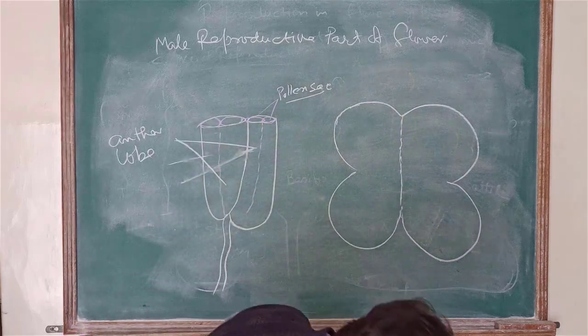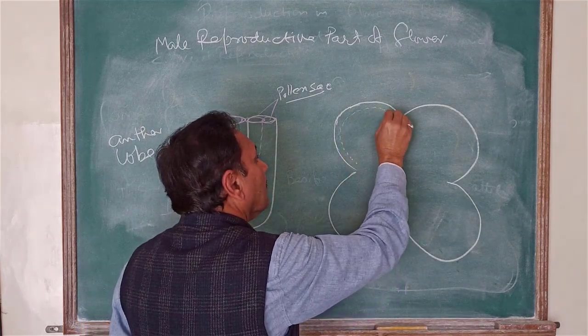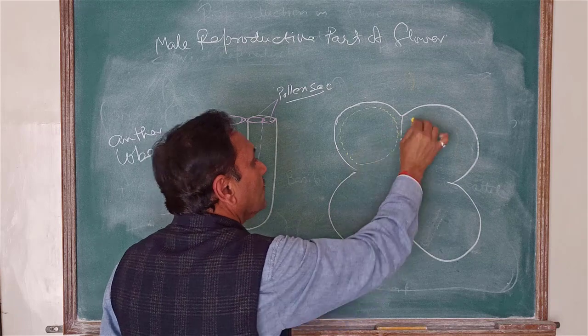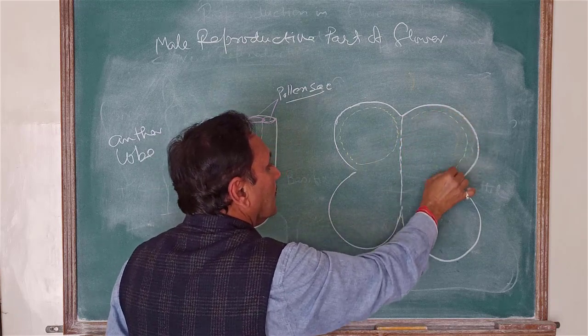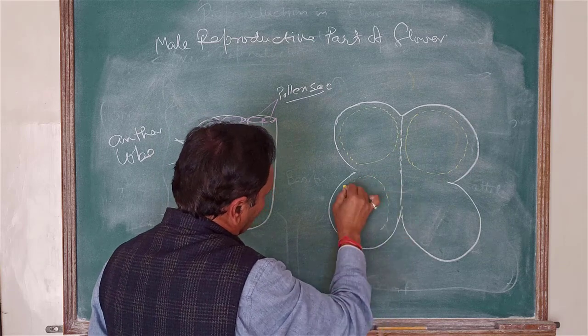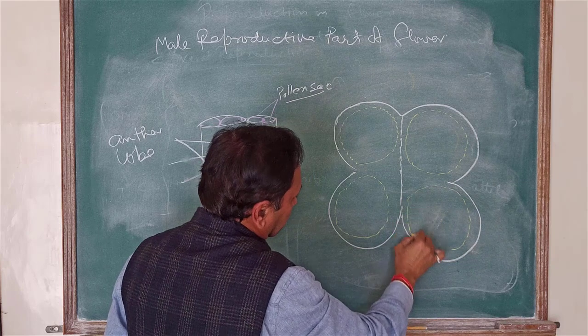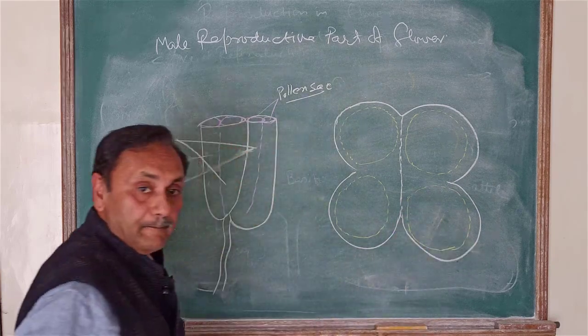This dotted structure is called anther lobe or microsporangium.